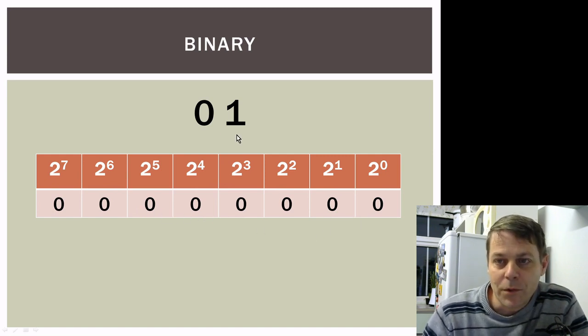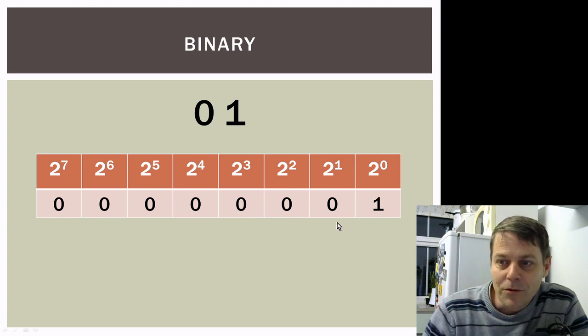When we count, we do the same thing as we do in decimal. So we go from 0 to 1 in the least significant column. And then just like in decimal, we've run out of digits already because we've only got 2 digits to choose from. So we're going to move 1 over into the next column and reset this column to 0.